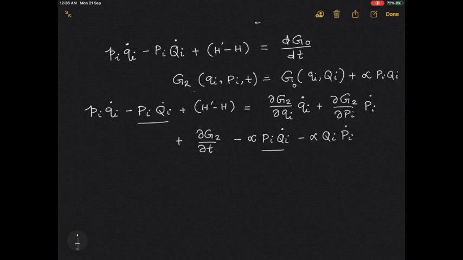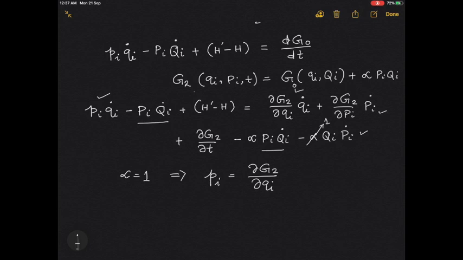So now, first thing we did last time is that we wanted to set these things added to 0. So for that we set alpha equals 1, and once alpha is 1, so this is 1. So that's basically, you can just not look at alpha in this term. So what do I get? I get my Pi equals del G2 del Qi, which is from this term and that term.